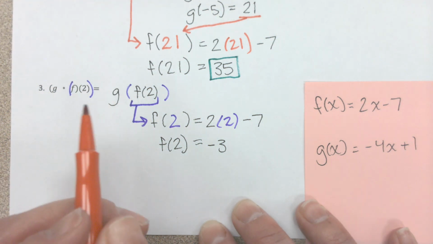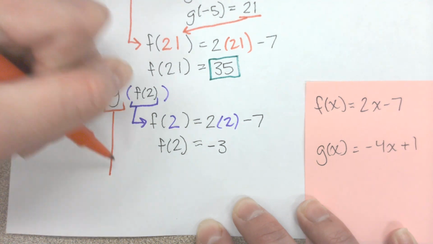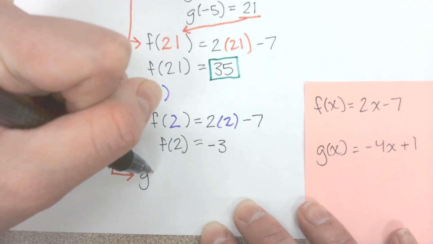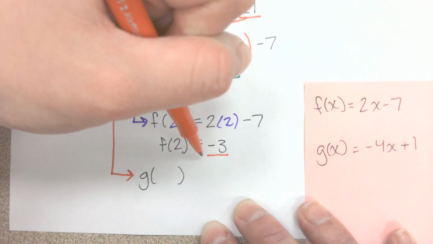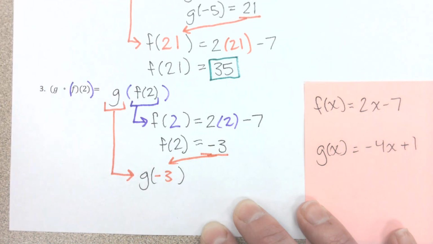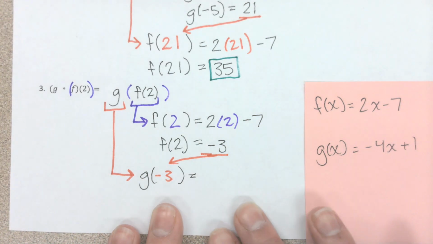And then we're not done because we still have to figure out g. So we're going to bring g down and do that again. We now know that the number inside of here is actually just negative 3. So we're going to drop that into that place. G of negative 3. Now we got to solve that.